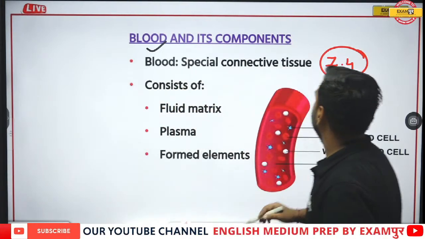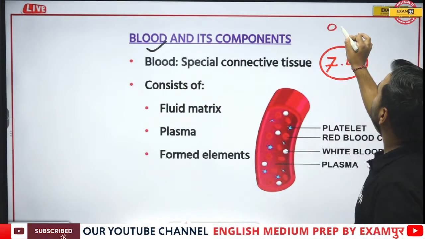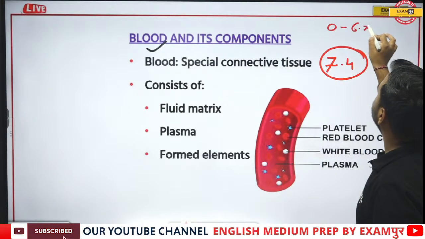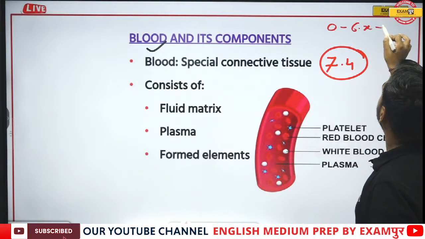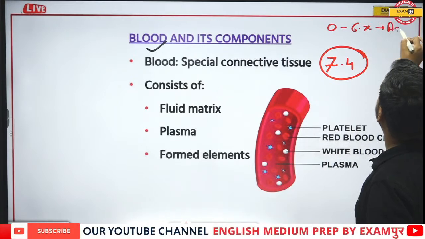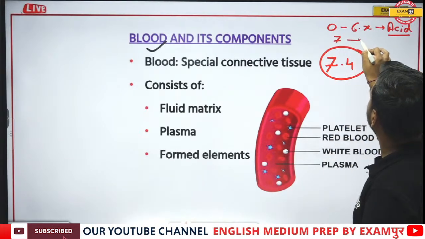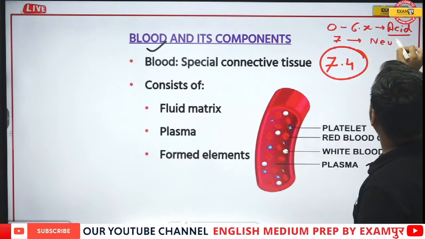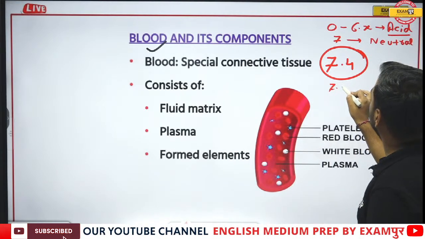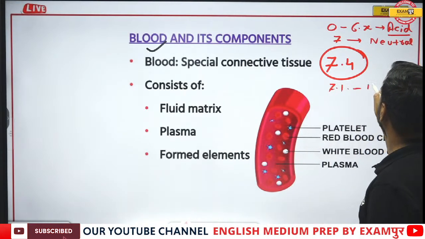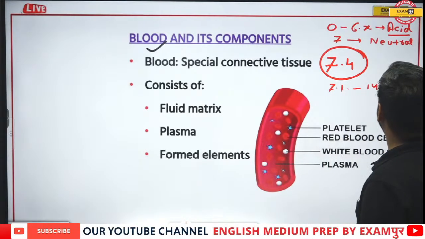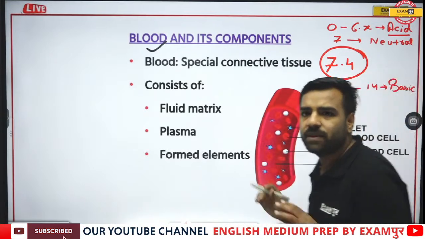We are aware that if the value is 0 to 6.99 something, it is considered acidic in nature, or that particular thing is an acid. If the value is exactly 7, it means the thing is neutral in nature. And if the pH value is greater than 7 till 14, it is basic or alkaline in nature. So it is very obvious.